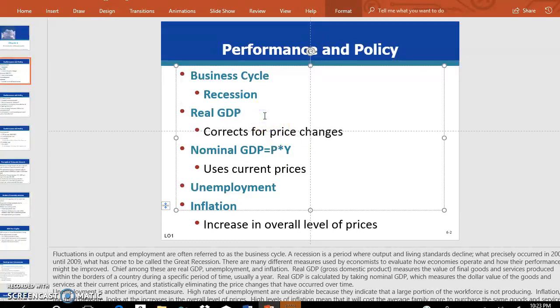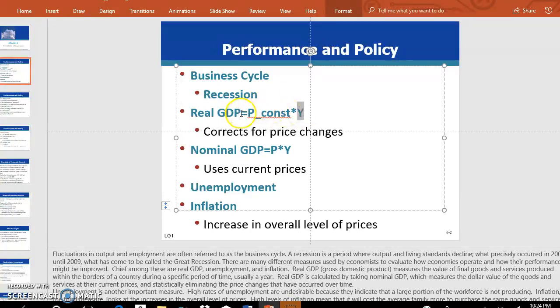But on the other hand, for real GDP, we will show you soon with examples, this is price, but this is constant price. See? We hold prices fixed and then we see how output changes. And that is what real GDP tells us.